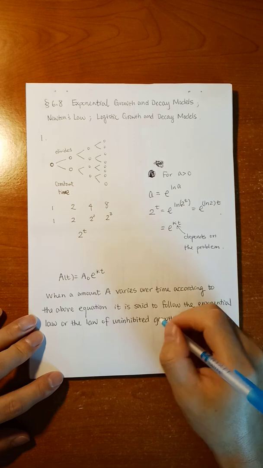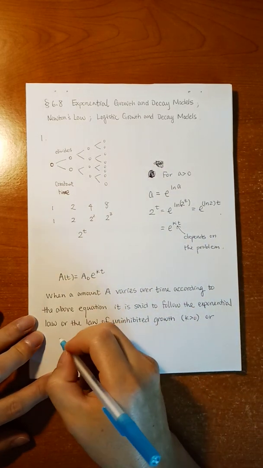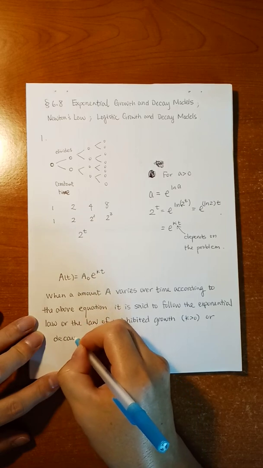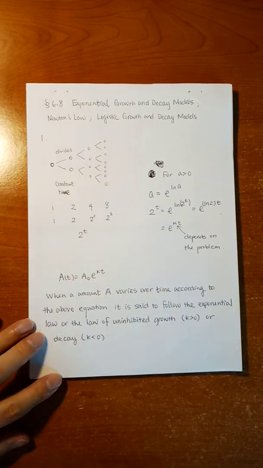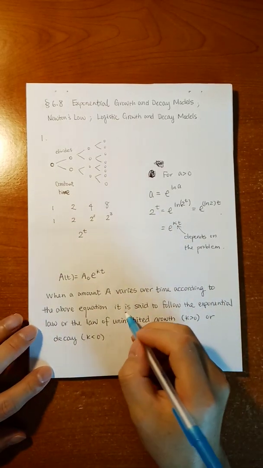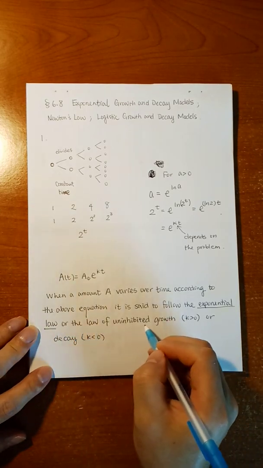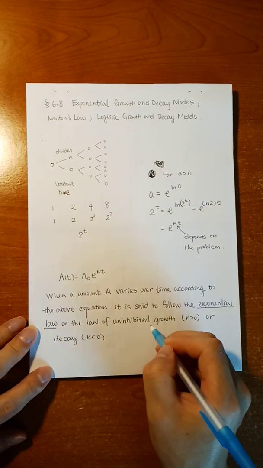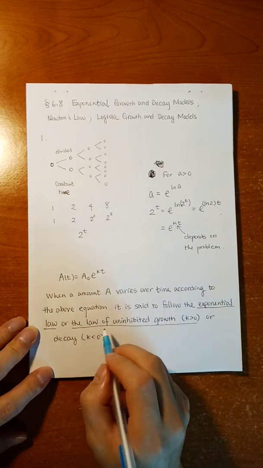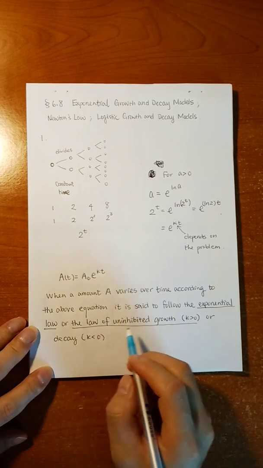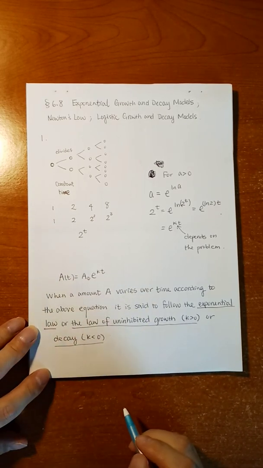We use the word growth when k is greater than 0, or we use decay when k is less than 0. So it is said to follow the exponential law or the law of uninhibited growth with k positive, or the law of uninhibited decay when k is negative.